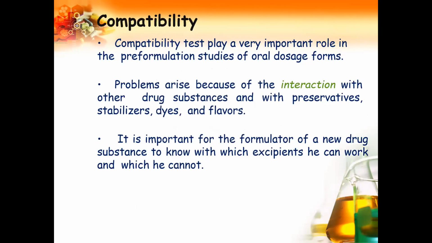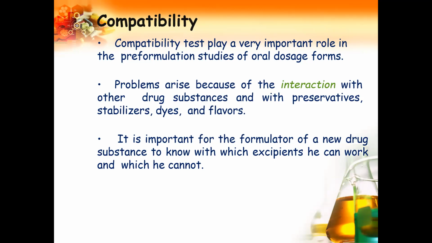The next parameter we should explore during the preformulation studies is drug excipient compatibility. The compatibility test plays a very important role in the preformulation studies of oral dosage forms. The problem arises because of specific interactions of the drug with other drug substances and with excipients such as preservatives, stabilizers, dyes, and flavors present in the formulation.